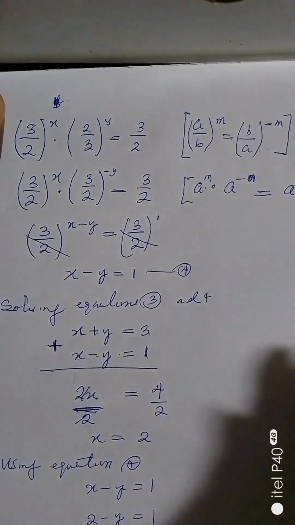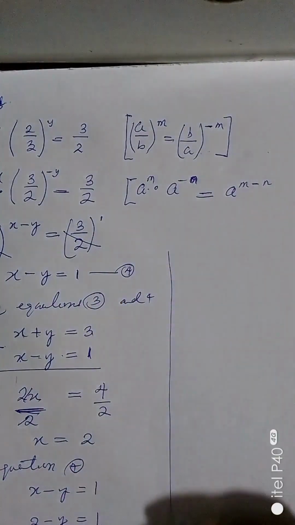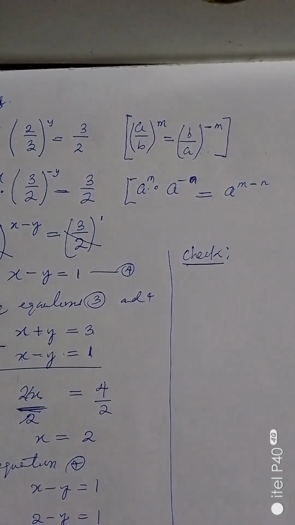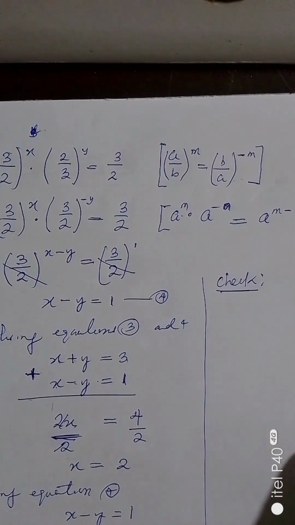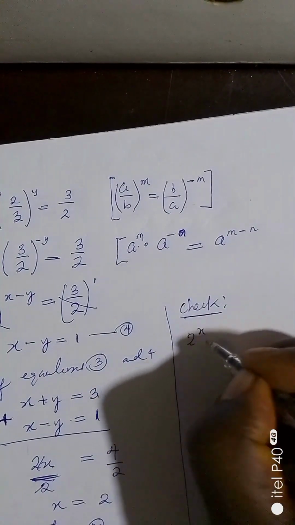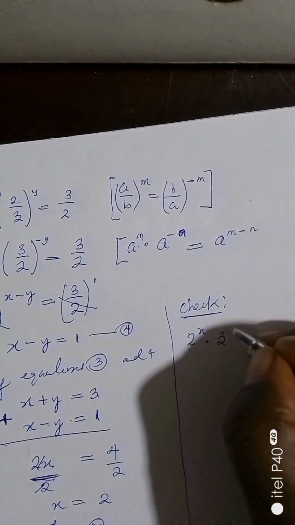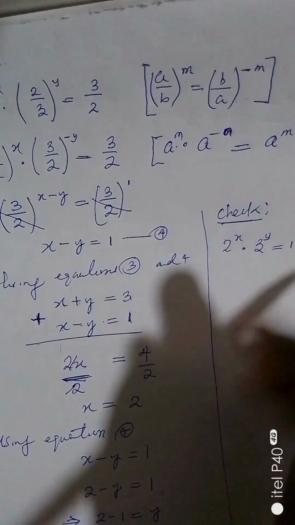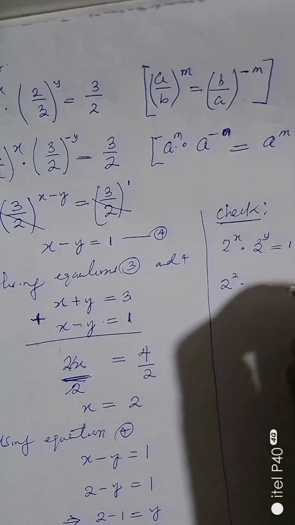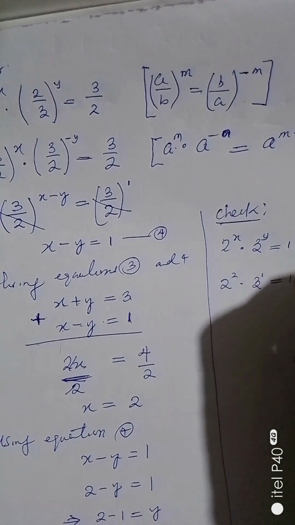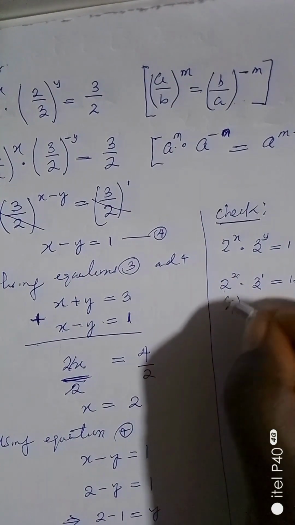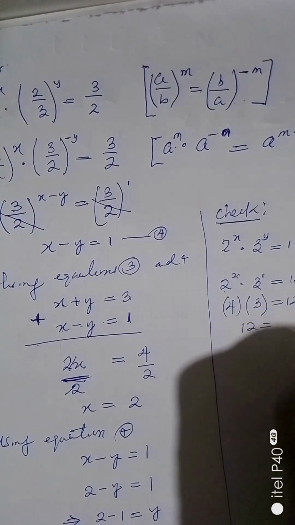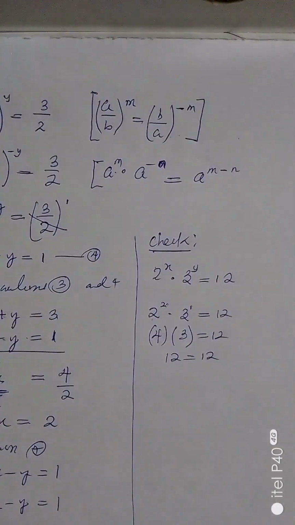So let me go ahead and check to see if the two values satisfy our original equations. The first equation is 2 to the power of x dot 3 to the power of y equal to 12. If x is 2, we have 2 to the power of 2 dot 3 to the power of 1 equal to 12. 2 to the power of 2 is 4, multiplied by 3 to the power of 1 which is 3. That's 12. Of course, the left-hand side equals the right-hand side, and so that is correct.